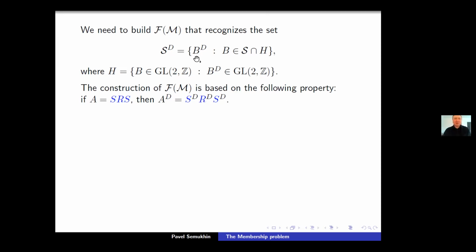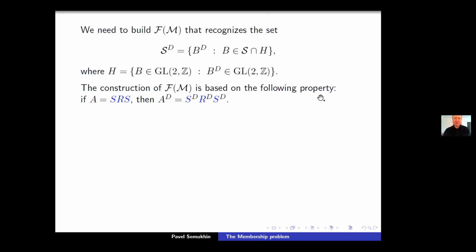I remind you that we are given a semigroup S, which is described by an automaton M, and we want to construct another automaton which recognizes all conjugates from this semigroup S with the matrix D.